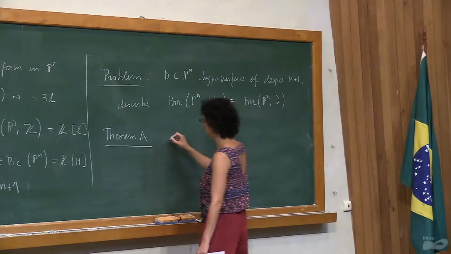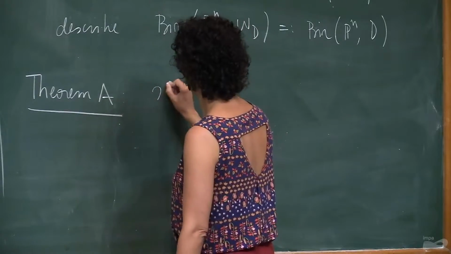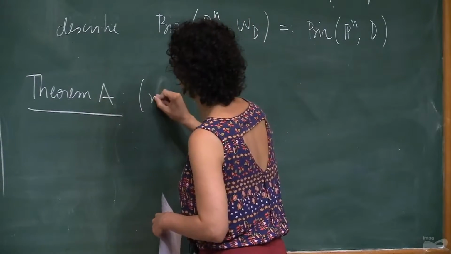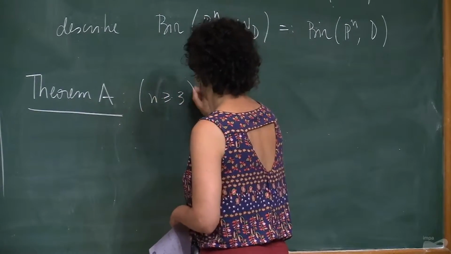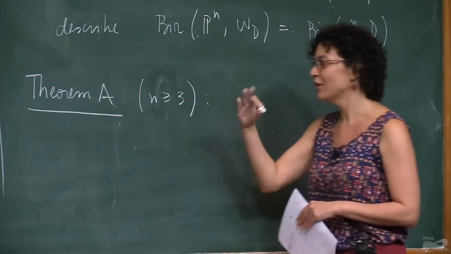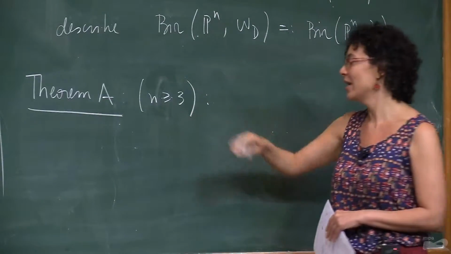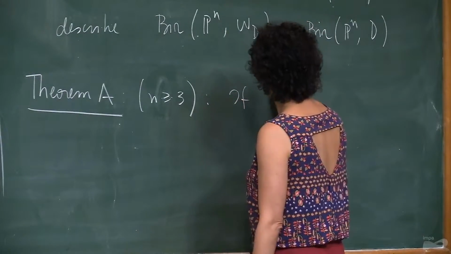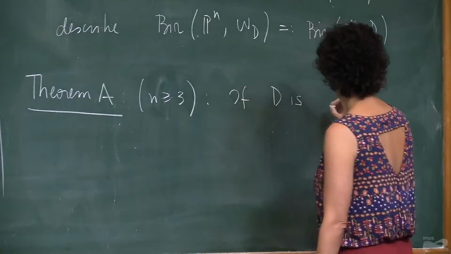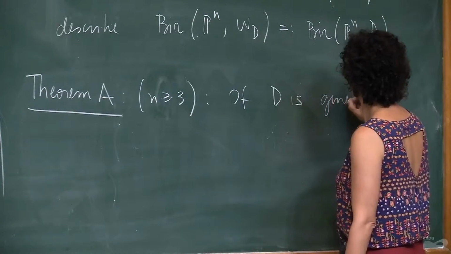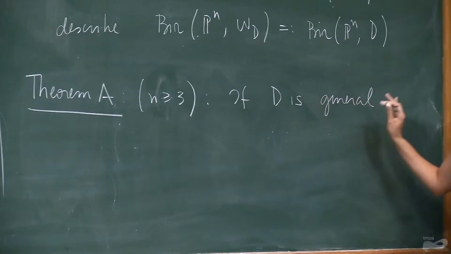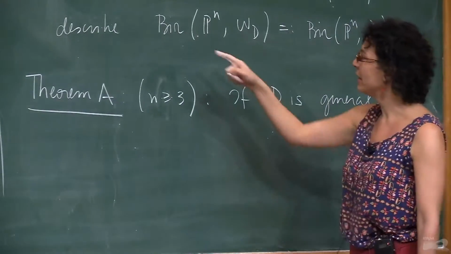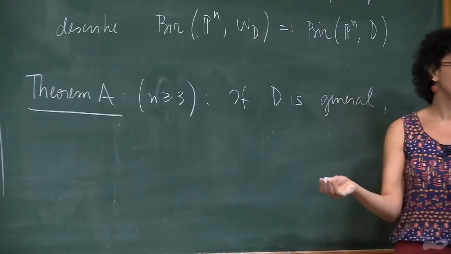So the first theorem that we prove is that, here n is at least 3. It's interesting that something different happens for n equals 2, but for n at least 3, what we prove is that if D is general, or maybe here I should even say very general, then this group is not really interesting.